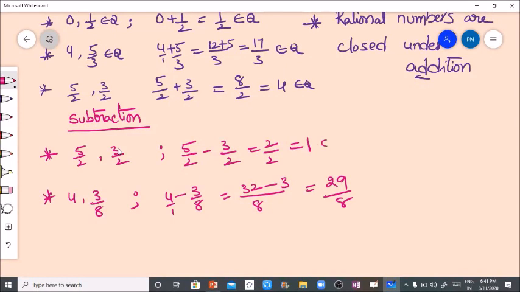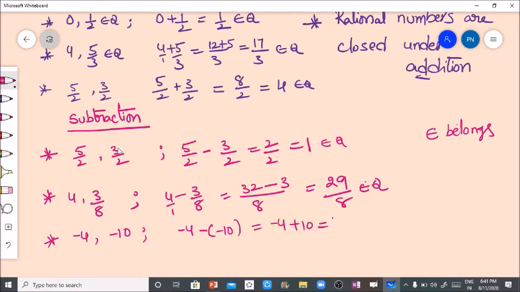Here 1 is a rational number and 29 by 8 is also a rational number. Here the symbol is called belongs to. Belongs to means the element is in the set. One more example. Minus 4, minus 10. These two are also rational numbers. So minus 4 minus of minus 10, first number minus second number, equals minus 4 plus 10, that is plus 6, which is also a rational number.